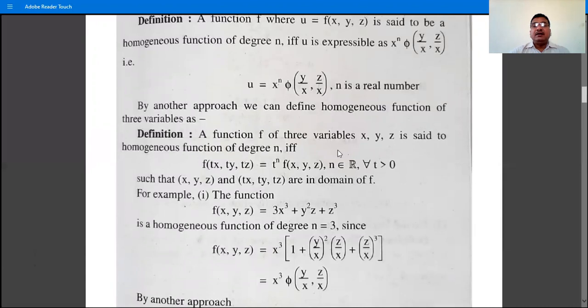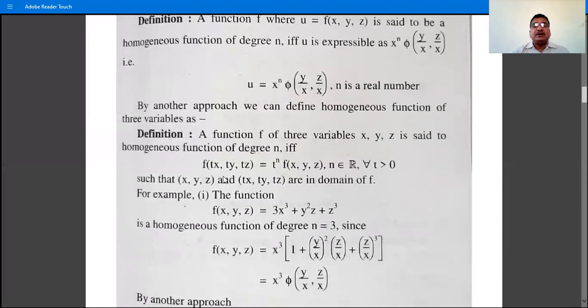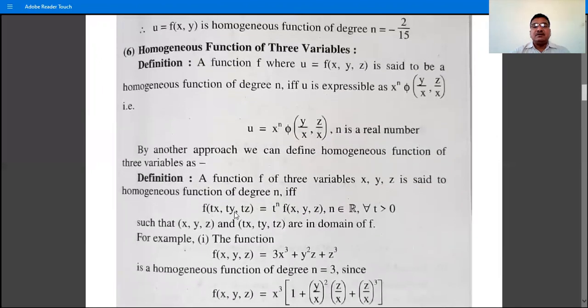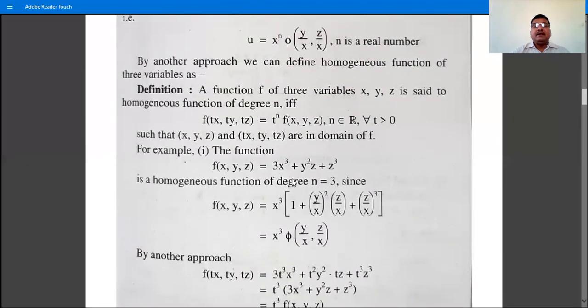Or we can define this in another form, that is, f(x,y,z) is called a homogeneous function if f of tx, ty, tz is expressed in the form t raised to n f of x, y, z, then we say that this function f(x,y,z) is a homogeneous function of degree n.